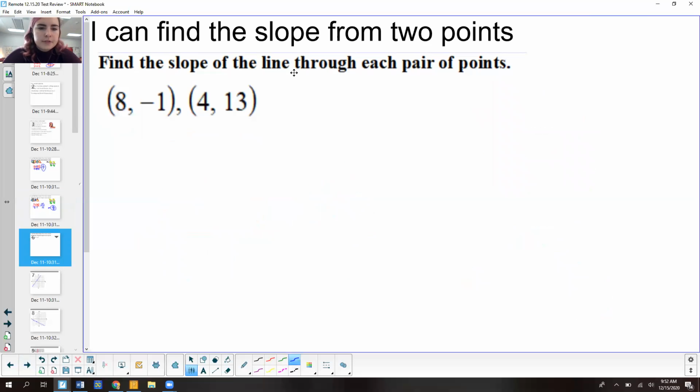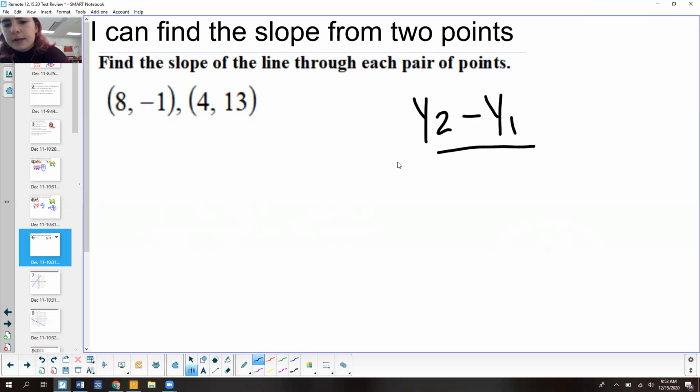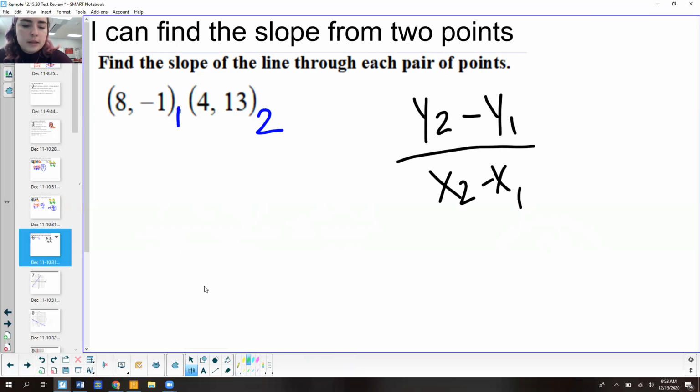All right, find the slope of the line through each pair of points. We've got y2 minus y1 divided by x2 minus x1. It doesn't matter which point you make which, so I'm just going to make it point number 1 and point number 2. You're going to go ahead and identify your y values.